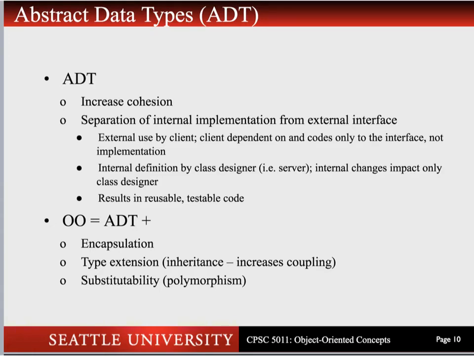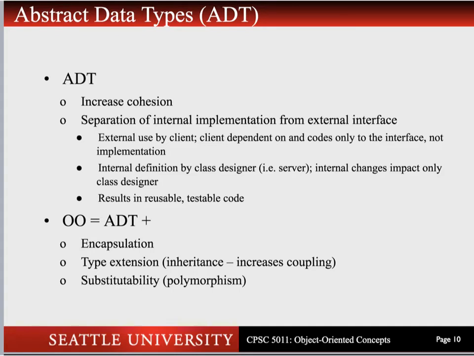Once that instance is created, the client can call different functionality to push elements onto the stack, pop elements from the stack, and peek to see what is at the top of the stack. And this internal definition by the class designer will not impact the client, only the class designer.